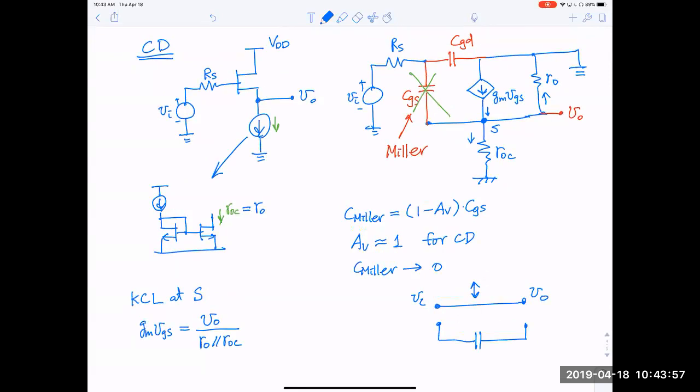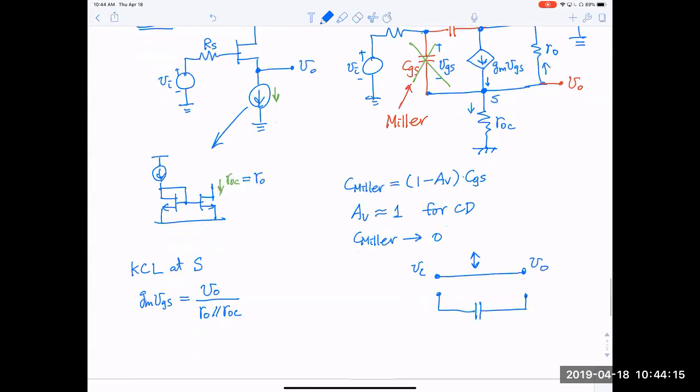All right, and I just have to connect VGS to VI. VGS is here. It's no longer just separate from the drain. It's actually connected to the drain, but the drain is connected to ground. So VGS is simply a voltage divider.